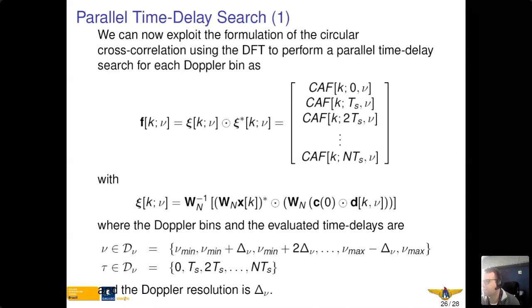And this is equivalent to from 0 to capital N_TS. And ν is an element of D_ν, which is equivalent to ν_min, a minimum value, and a maximum value up to ν_max. And we have a resolution of the Doppler bins of Δν. So we have to evaluate the vector F for all these values ν from this domain D_ν.